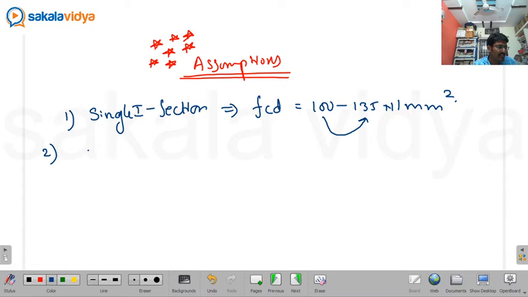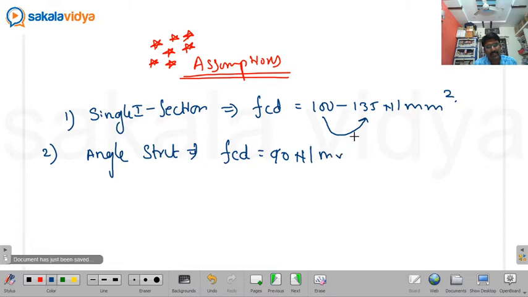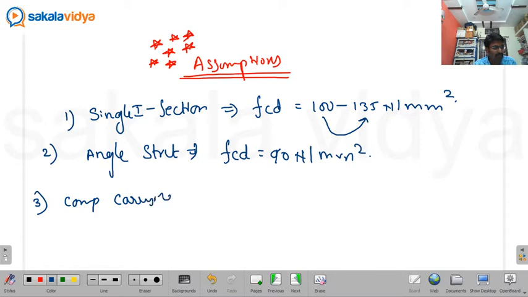Whereas for an angle strut, we have to assume the value of FCD as 90 Newton per mm square. For columns bearing high loads, or compression members carrying large loads, we have to assume the value of FCD as 200 Newton per mm square.